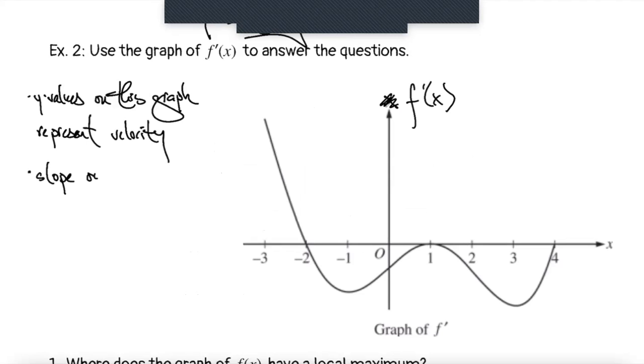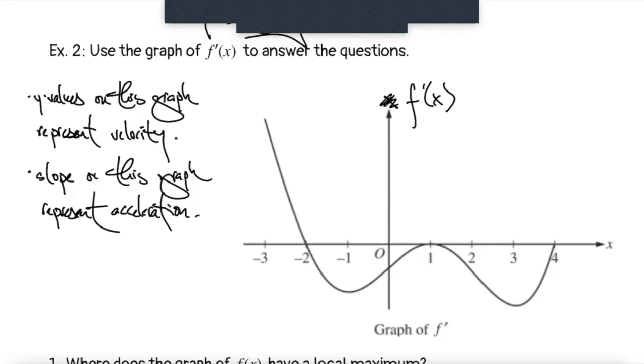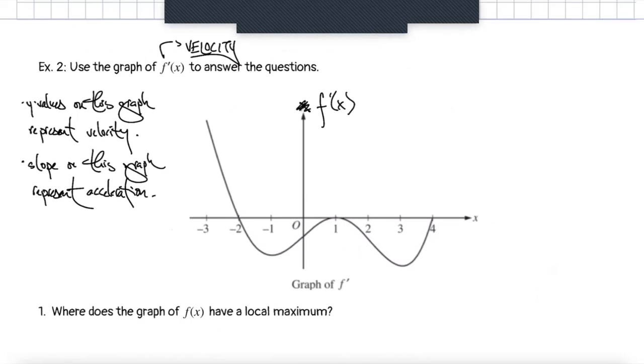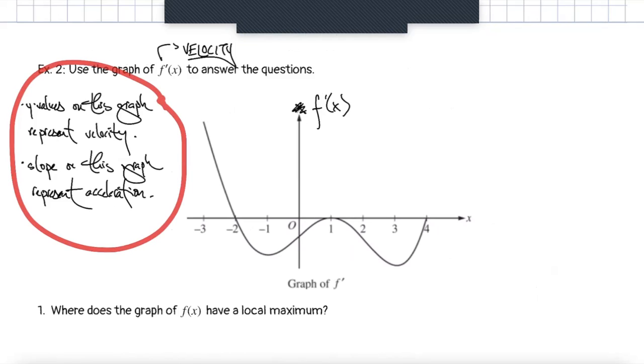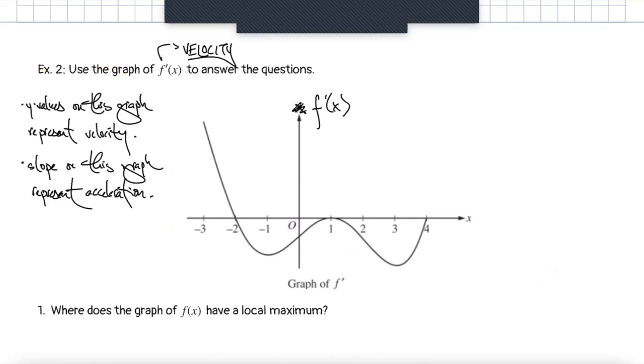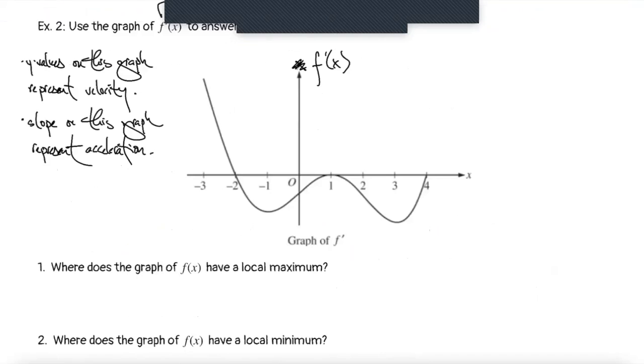Slope on this graph represents acceleration. Whether you know this or you don't know this, writing this down, I think, just gives you a real solid foundation in moving forward in this question. I wouldn't try and shortcut this. I think this is a really challenging thing to shortcut. So we want to make sure that we are answering these questions appropriately.